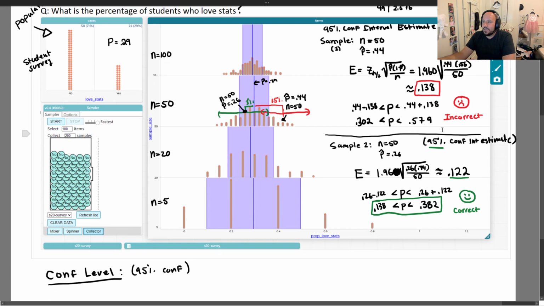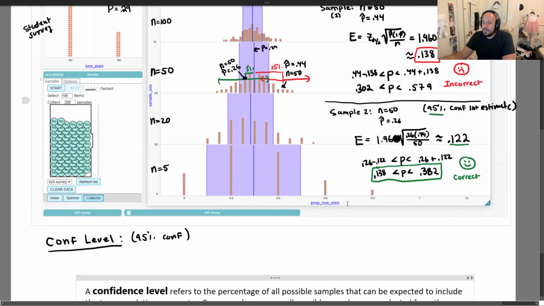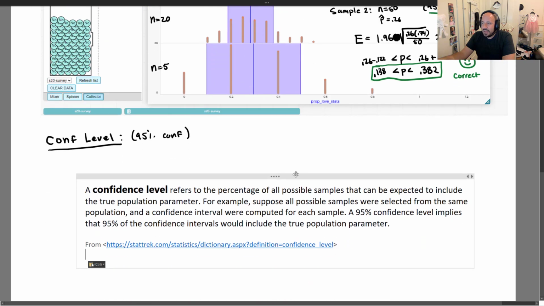And once again, we saw this right here. It's only these 5% most extreme ones on the outside that were incorrect, and 95% of the nice ones on the inside that were close enough, basically within about 12 percentage points, were ultimately correct. All right, so that's confidence level.